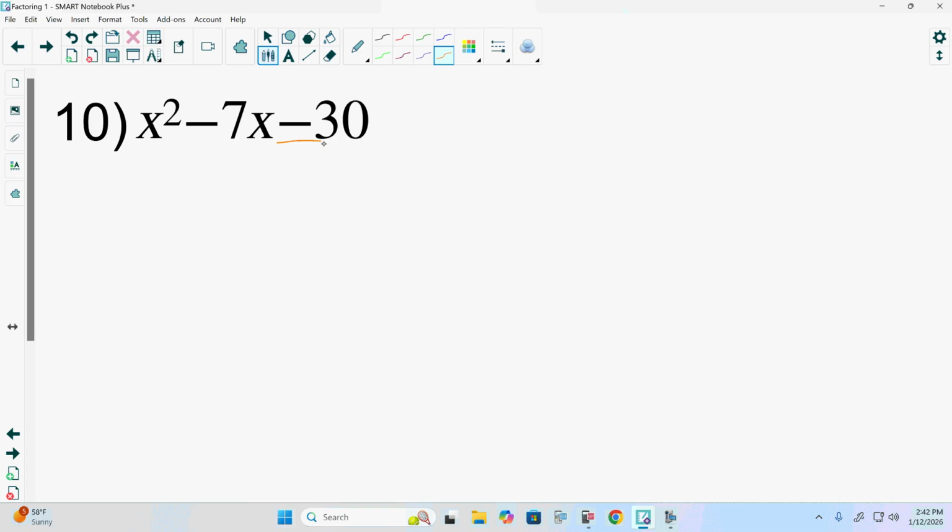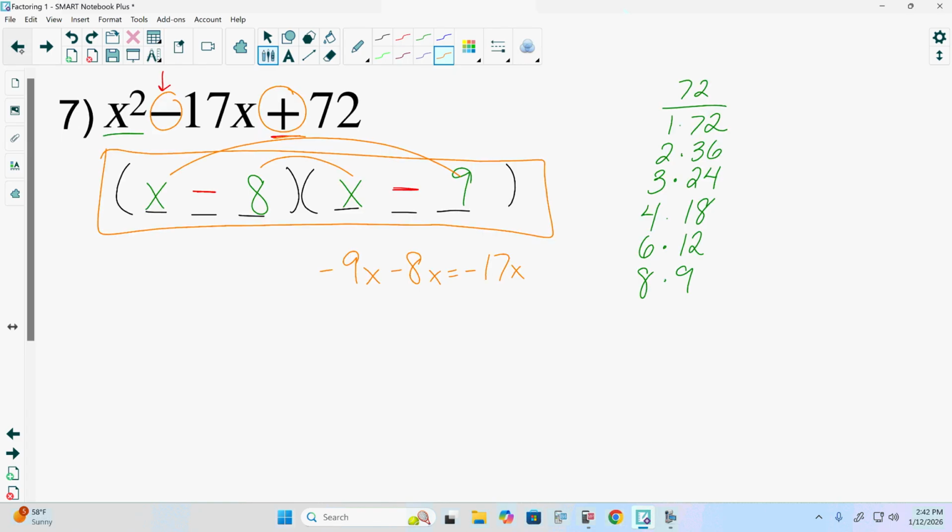Because the only way I can multiply two numbers together and get a negative is if one is positive and the other is negative. The only way we can multiply two numbers together and get a positive is if they're both negative or both positive. In our middle term, we're combining them. We combine the terms together to get it. So if they're both negative, a negative and a negative still give me a negative when combining.